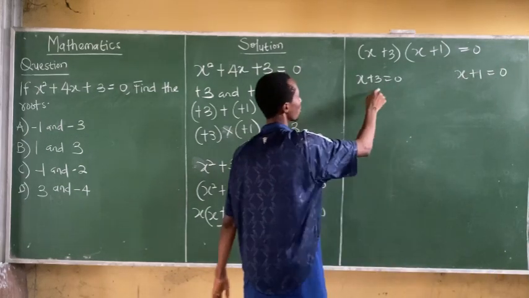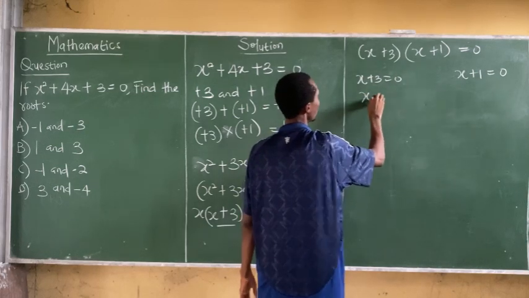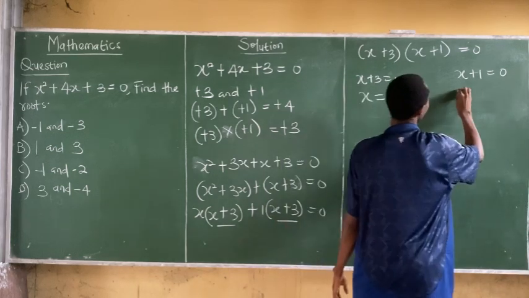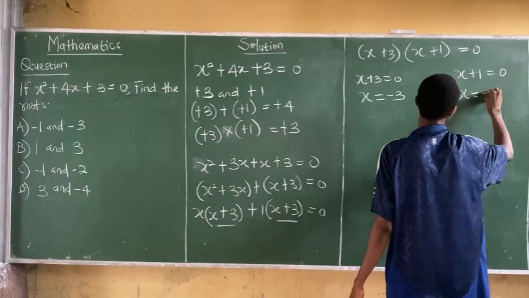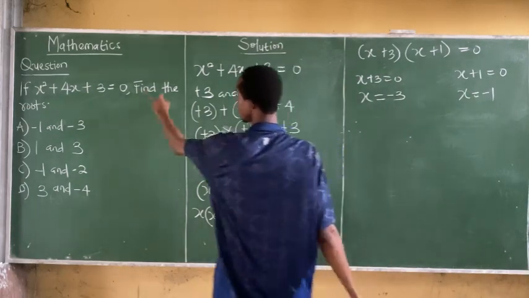If we make x the subject of the formula here, 3 crosses the equality sign to this other side. We have x is equal to minus 3. And here we have x is equal to plus 1, it crosses and changes to minus 1. And therefore, they say find the roots.